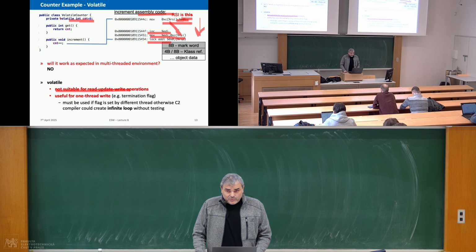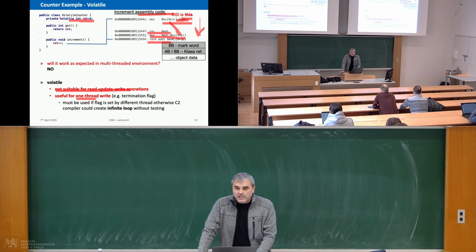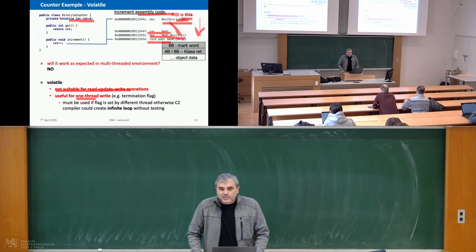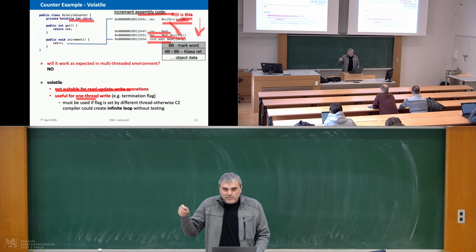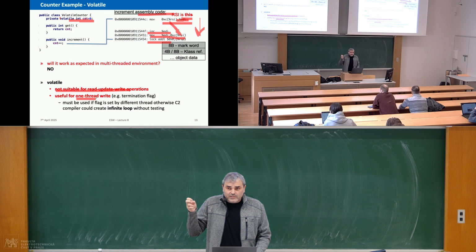On the other hand, volatile is useful when 1 thread writes and multiple threads are reading. For example, a termination flag in a thread pool implementation, where there are some worker threads that cycle, reading tasks from some queue.